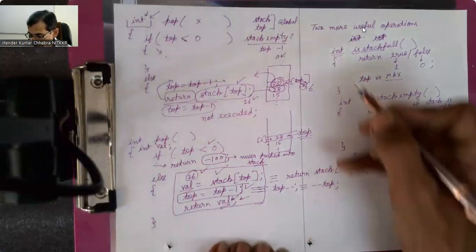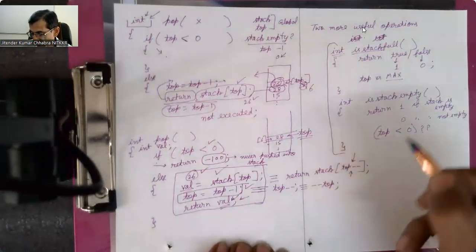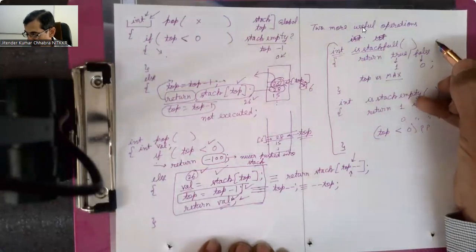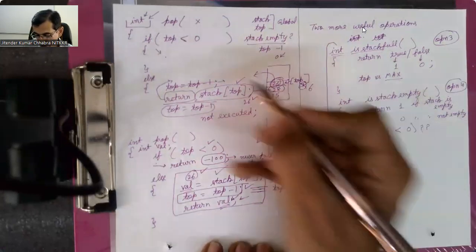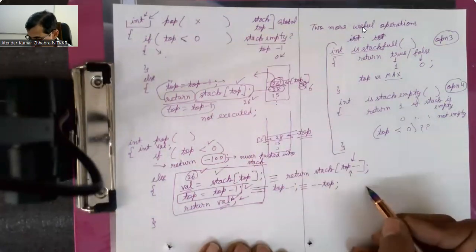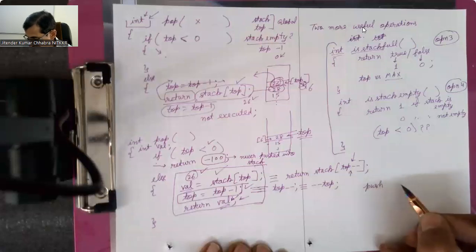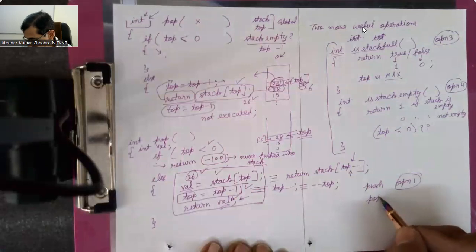So these are also two standard operations which are supported. This is operation 3 and this is operation 4. The first operation was push, so I say push is operation 1. Pop is operation 2.